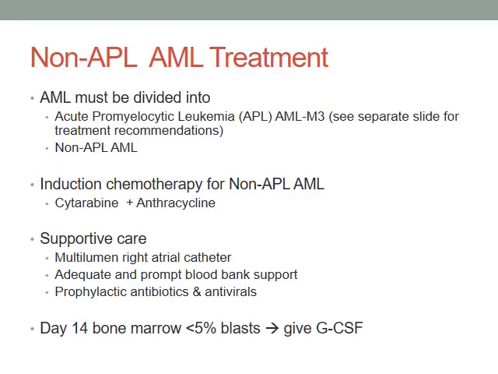These patients will also require supportive care, mainly through transfusions, and this will be for any cell line that is low, as well as prophylactic antibiotics and antivirals to make sure they are not at risk for infections. It's also important in the non-APL AMLs to get a day 14 bone marrow. So this involves doing a bone marrow sample again after the 14th day of chemotherapy to check the blast count.